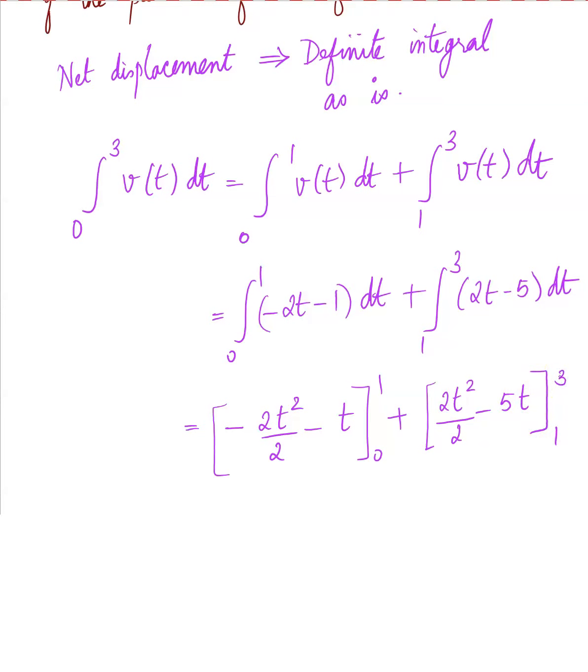Okay. And you know that these will simplify, right? The 2's will cancel off. So negative 1 squared minus 1 minus negative 0 squared minus 0. I'm writing it as it is.